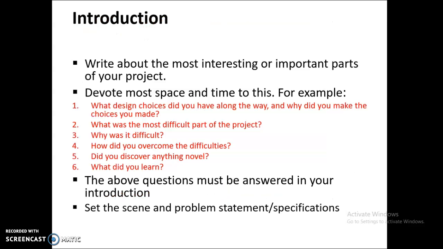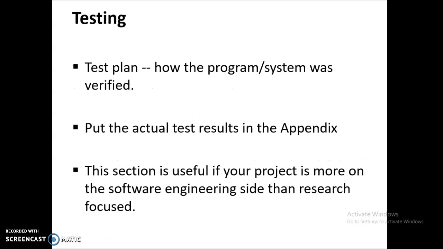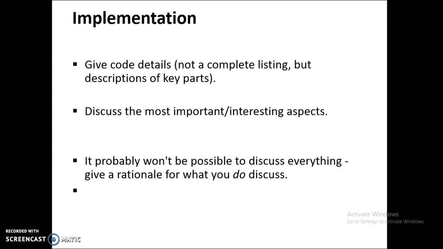So I will straight away go back to where we ended. The last time, in the previous video, we had looked at the other sections of the computer science report structure, and here we are looking at implementation.